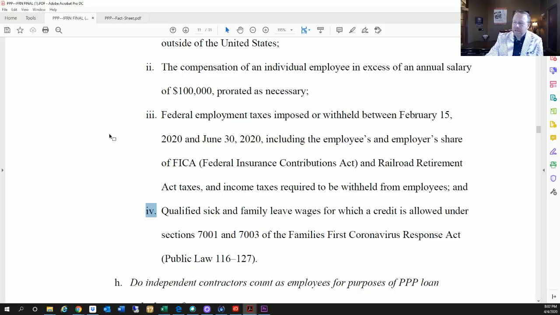And to me, I'd be going, okay, well, yeah, that makes sense. You know, minus this thing right here, get rid of that thing. Here's all the taxes that were imposed and withheld that are due. Here's those 5 things that you get to take a credit against. Qualified sick and family leave wages for which a credit is allowed under sections blah, blah, blah. Well, that credit is allowed against these items.